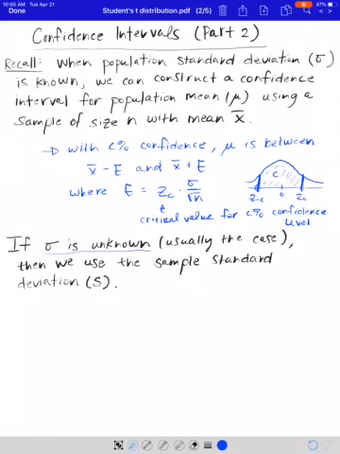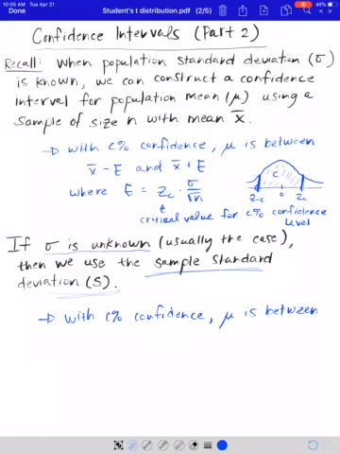So in this case, in order to come up with our confidence interval, we have to use the sample standard deviation, S. Right? And what we can say is that with C% confidence, so that's our confidence level, right? Then our population mean is going to be between, again, x bar minus some margin of error and x bar plus some margin of error.